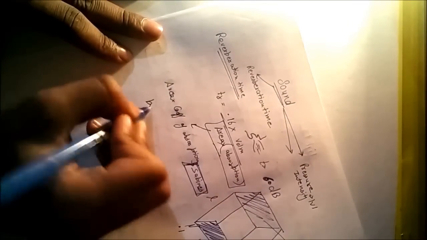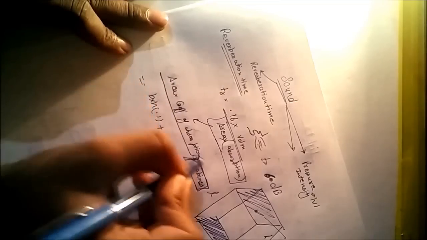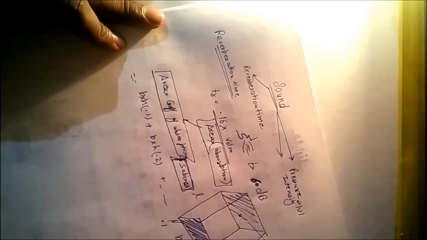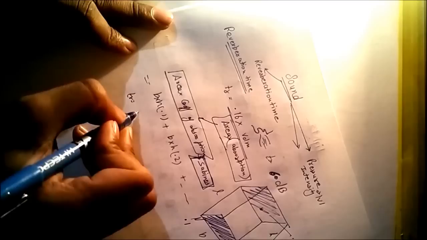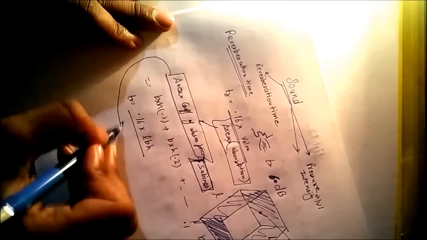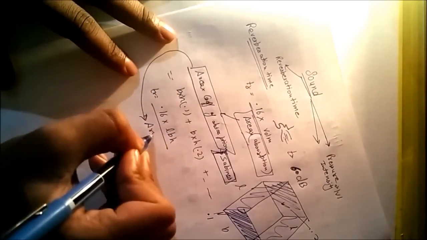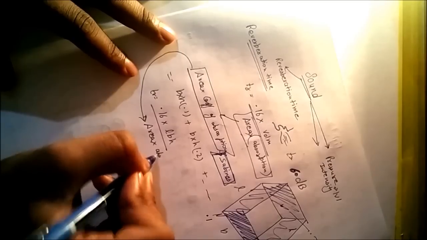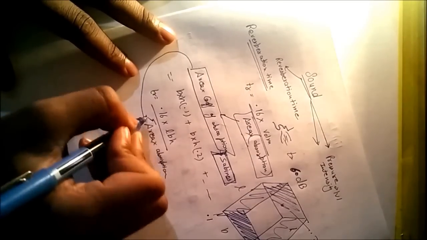So B into H area has coefficient 0.1, plus the other B into H has 0.2, plus so on. You will get the total absorption, and the volume of the room is LB into H, so the reverberation time will be 0.16 into LBH upon the summation of each area into its corresponding coefficient of absorption.